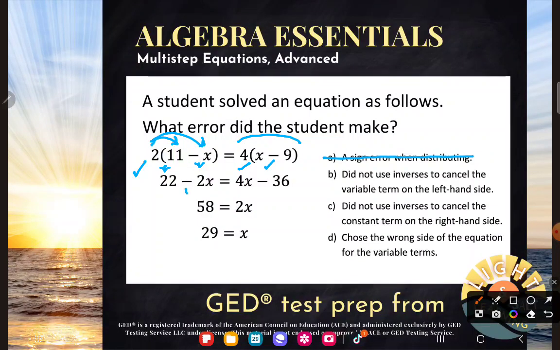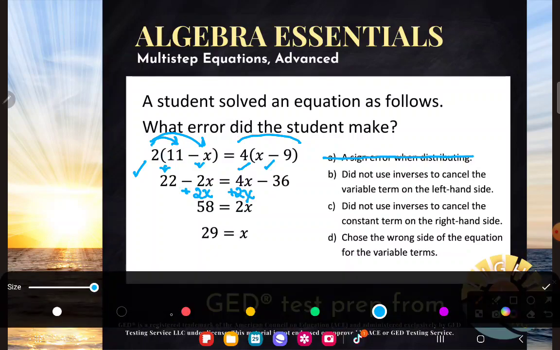I will take the x term that's on the left-hand side and move it using the opposite operation. So I would be adding 2x to that left-hand side in order to cancel out the negative 2x. I can do whatever I want as long as I do it to both sides.